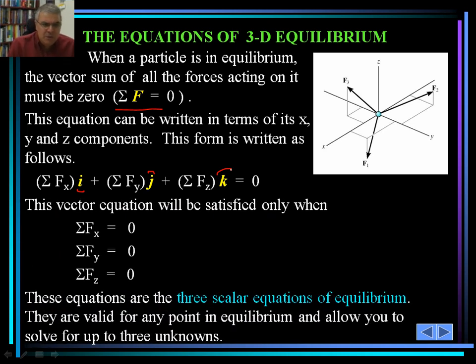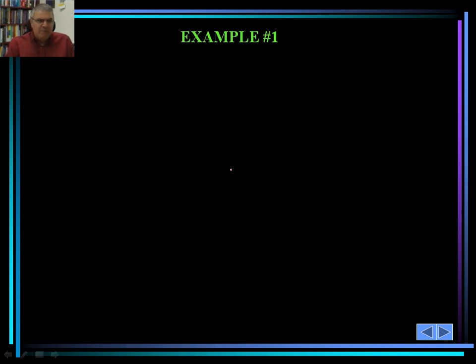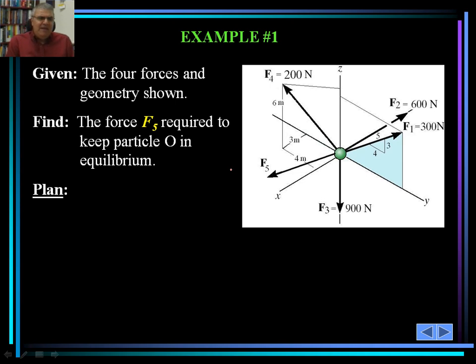So this vector equation will be satisfied only when the summation of forces in x, y, and z are zero. These are the three scalar equations of equilibrium in three dimensions for any point in space that is in static equilibrium. Let's take a look at an example.